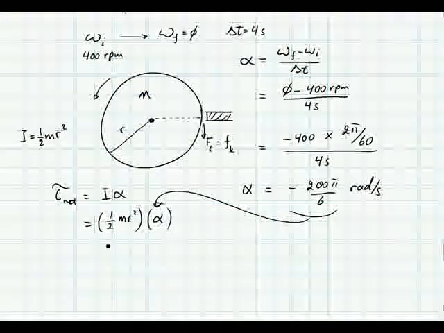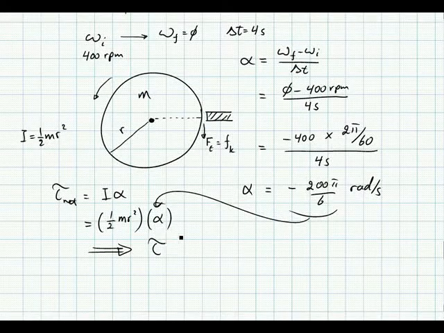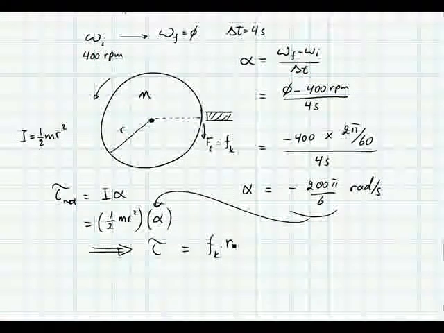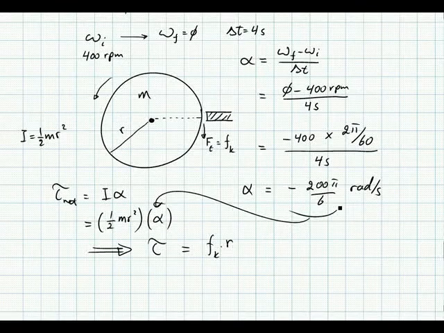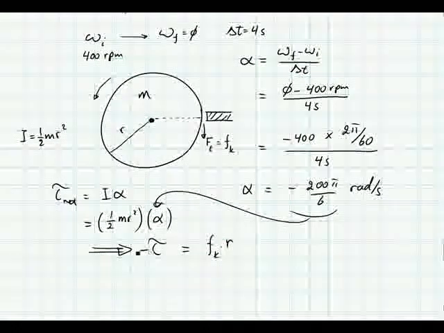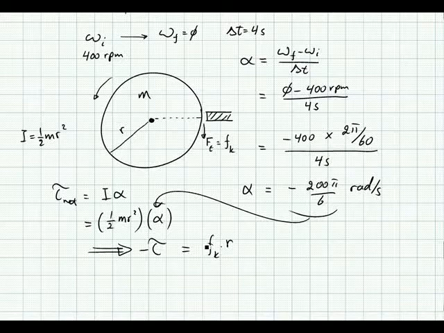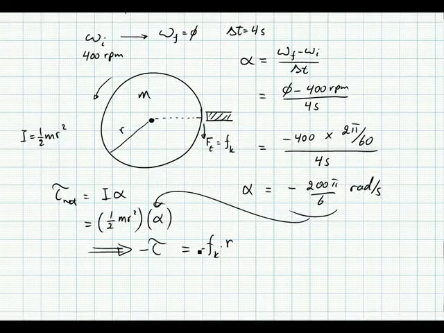So thus you can figure out how much torque is needed, and torque is equal to force times r. That's the magnitude of the torque. And notice that since alpha is negative, your torque is negative, which means that your friction force is going to be negative, which does make sense because we do need to apply a negative force.